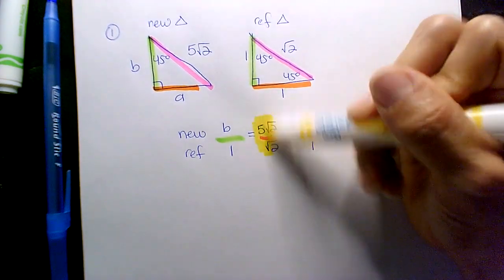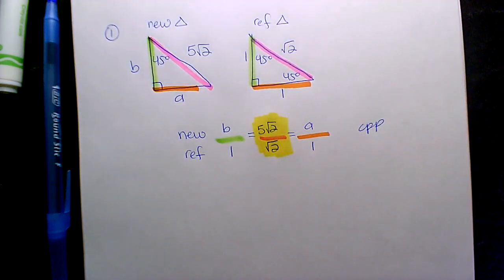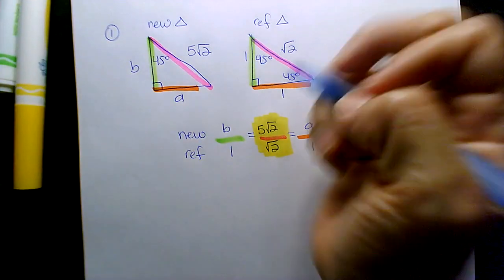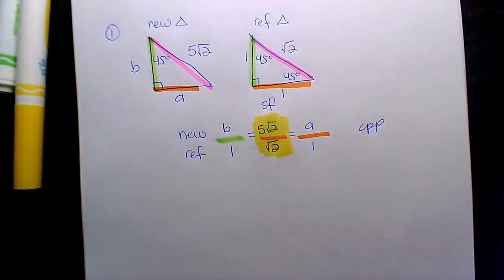This right here is your scale factor. Now this is unreduced. It became your preference, if you remember in IM2, whether you wanted to reduce the scale factor or keep it as 5 rad 2 over rad 2.